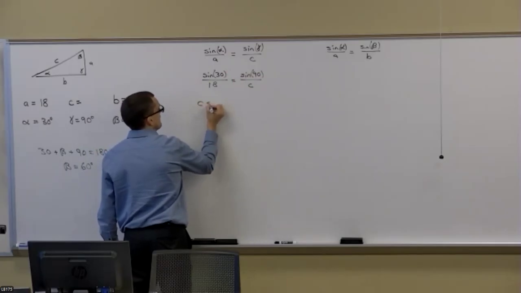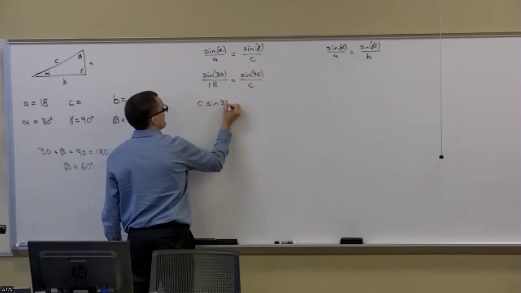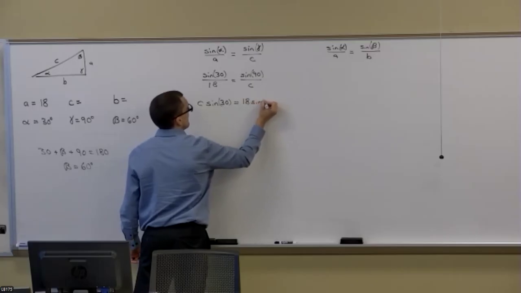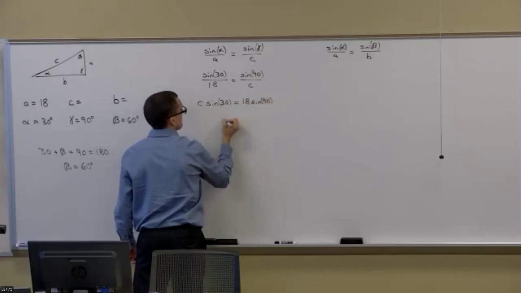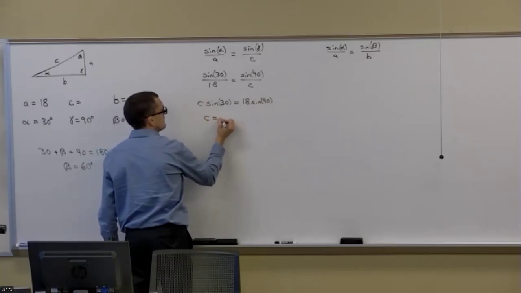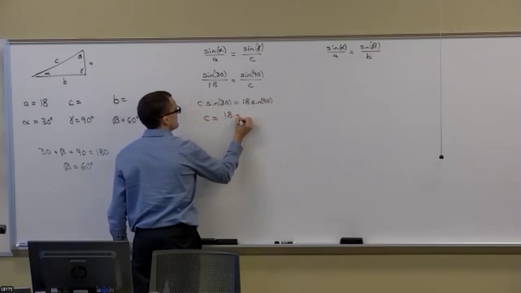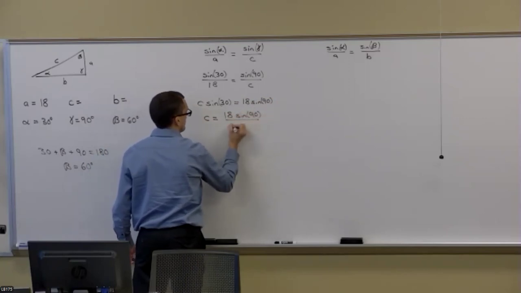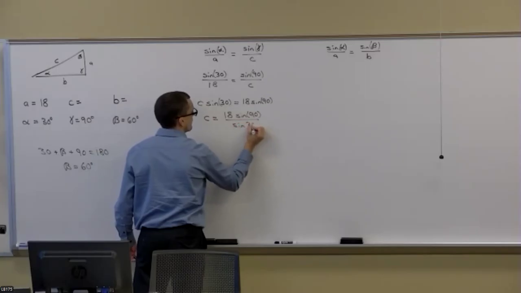You'll get C times sine of 30 is equal to 18 times sine of 90. Then divide by sine of 30 on both sides: 18 times the sine of 90 divided by the sine of 30.